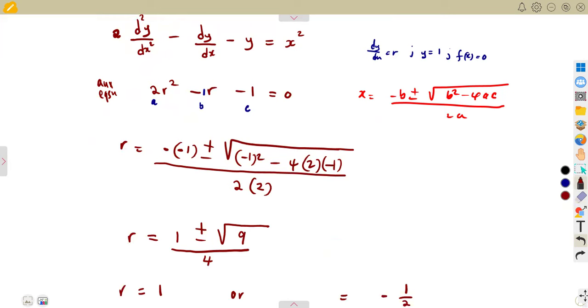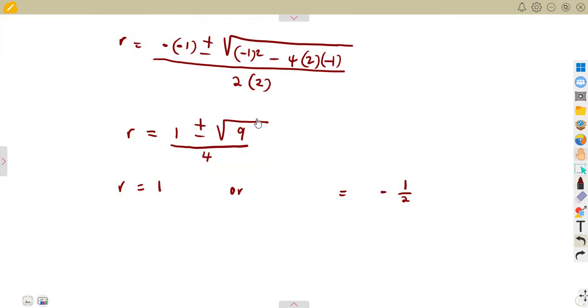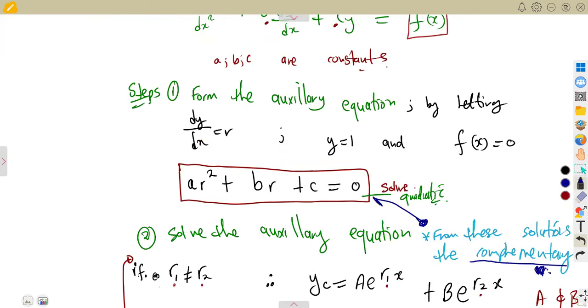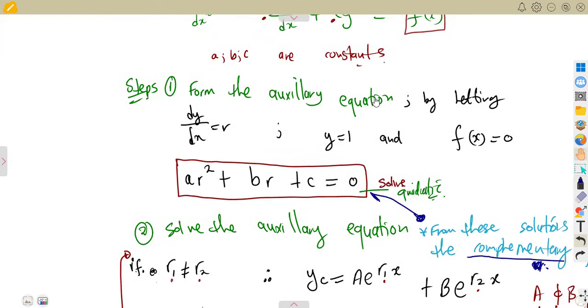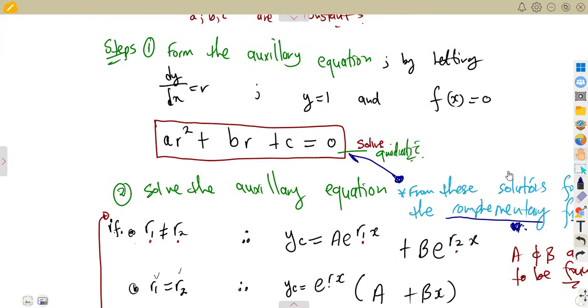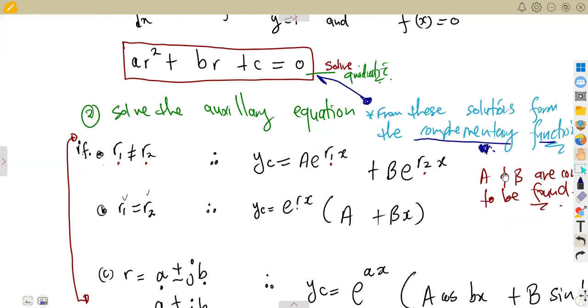All right, no problem. So with this information that we have to compare, there are two solutions. Just going to call this R1 and this R2. So as we saw from this part, there are supposed to be two solutions and they are supposed to be compared, because you're supposed to have the complementary function from there.